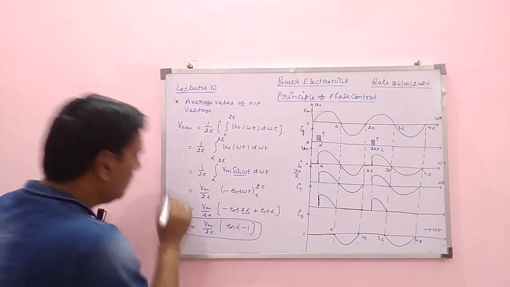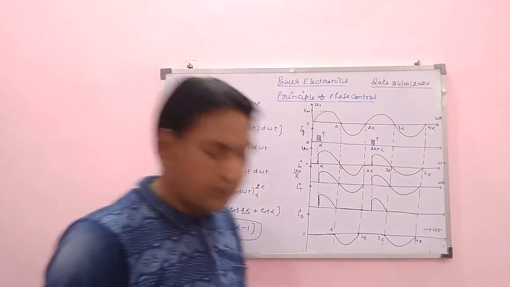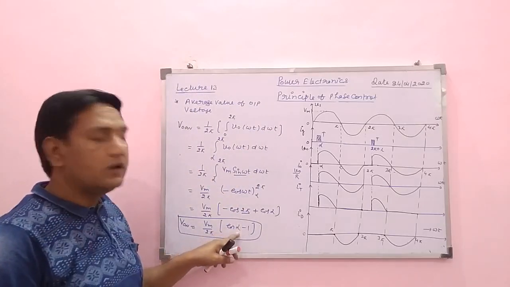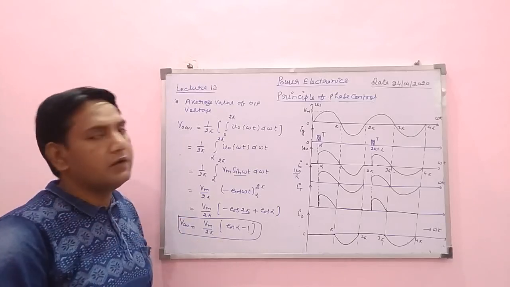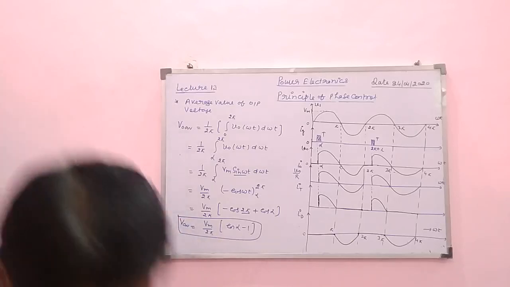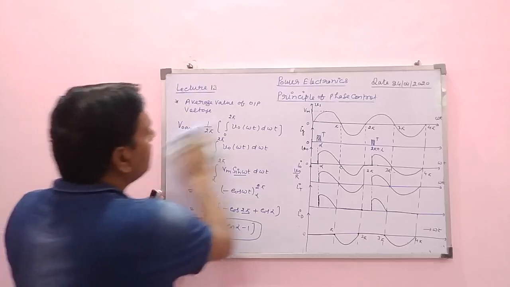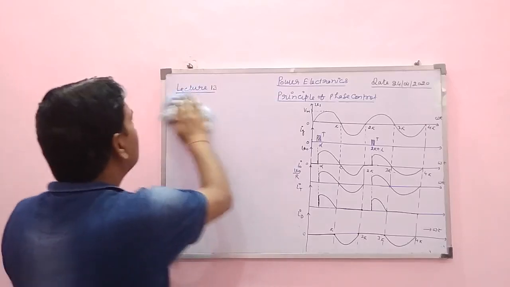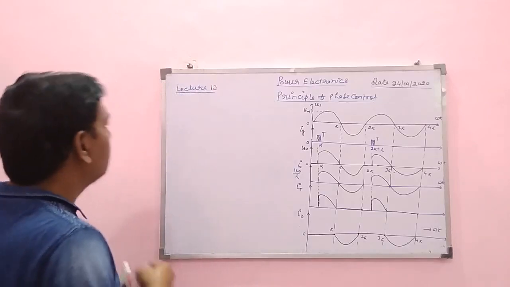The average output voltage also depends upon the triggering angle or delay angle. That's why if we control the triggering angle, we can control the average value of output voltage. Similarly, we can calculate the average output current.